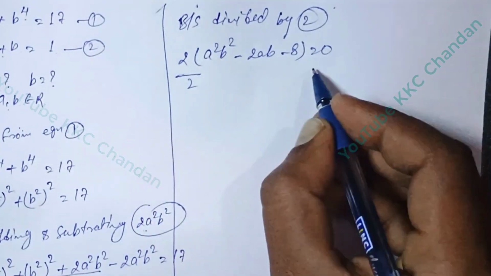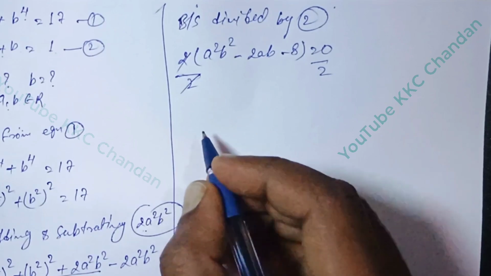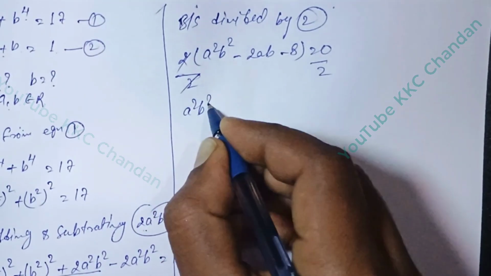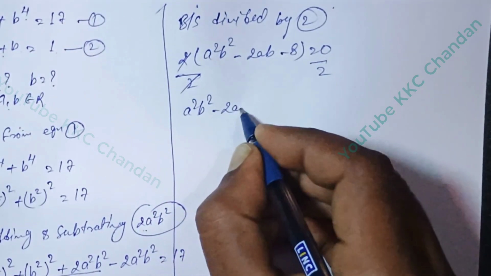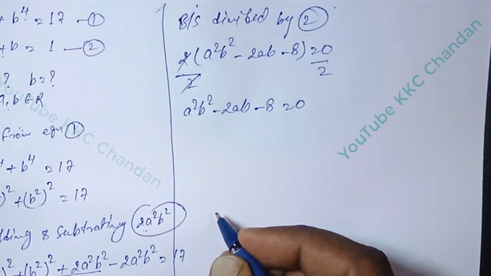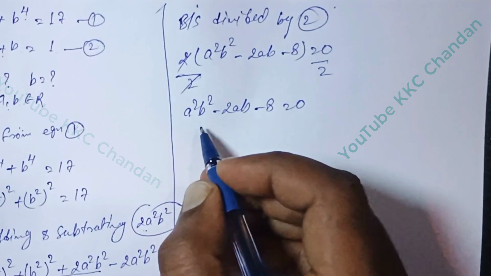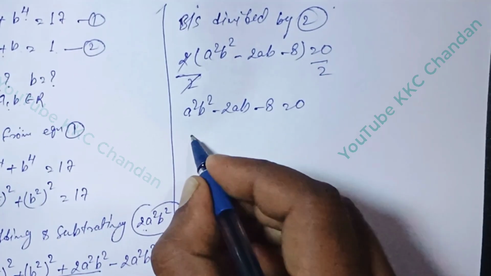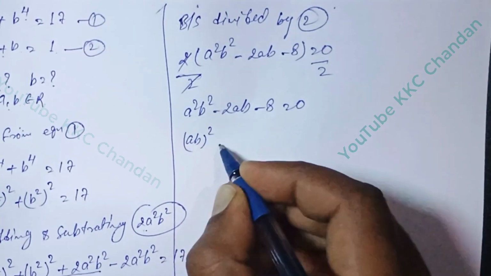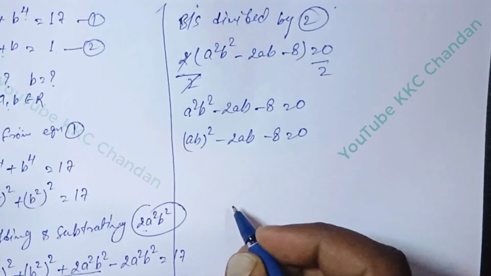Divided by 2, here 2 and 2 cancel, left with a square b square minus 2ab minus 8 is equal to 0. After the next step, a square b square will be written as ab whole square, minus 2ab minus 8 is equal to 0.